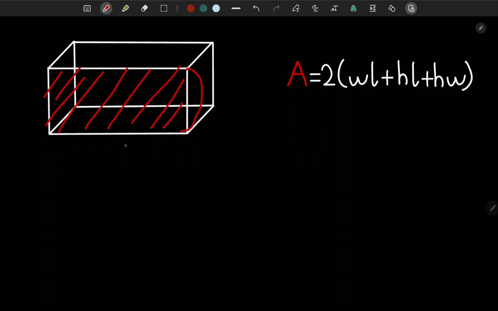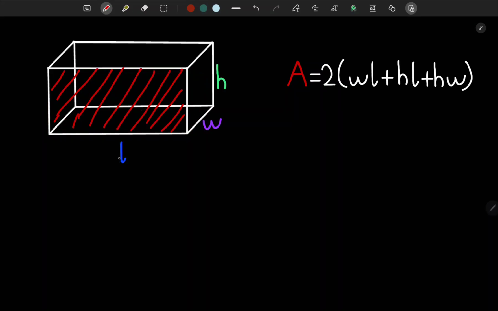The length is this line, and the width will be equal to this side, which is basically h. So all we're doing here is L multiplied by h for calculating this side.